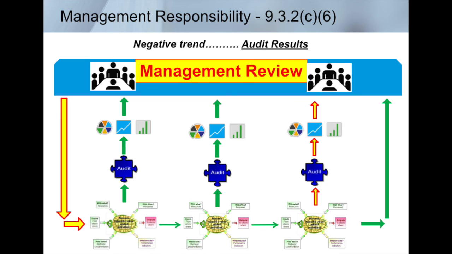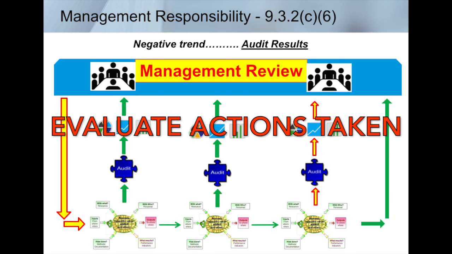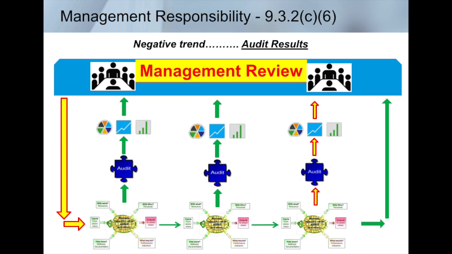That information is fed into the quality management system review and evaluated for actions, which will then flow back into the operation. The effectiveness of those actions will then be evaluated during future management reviews.